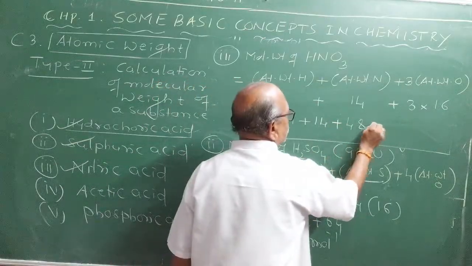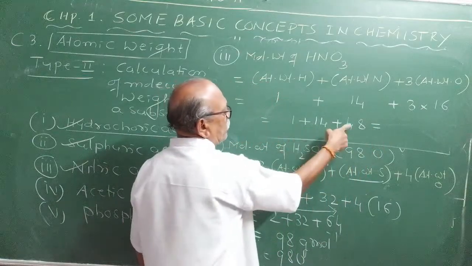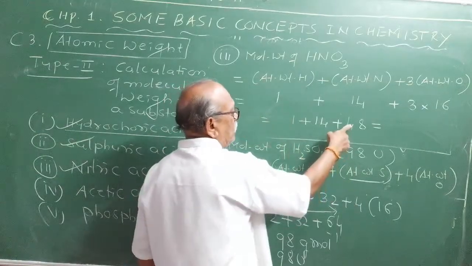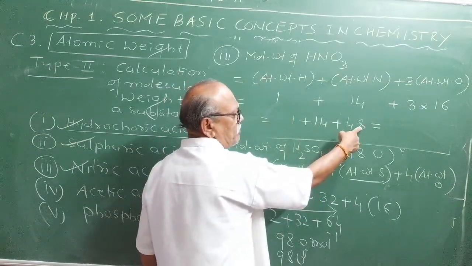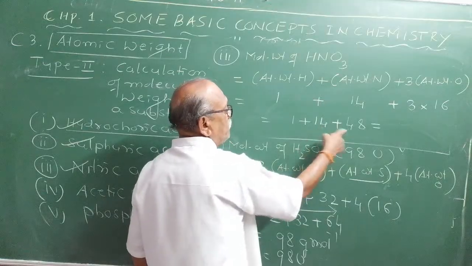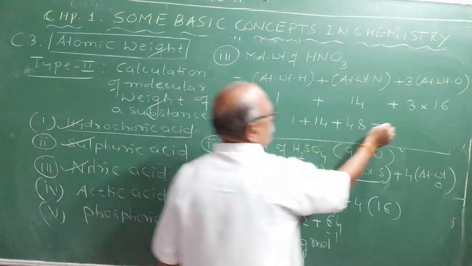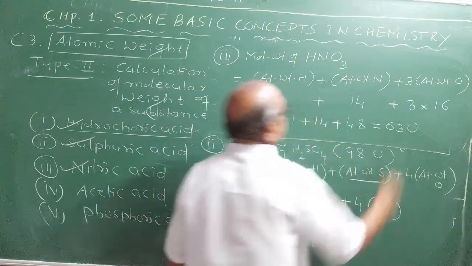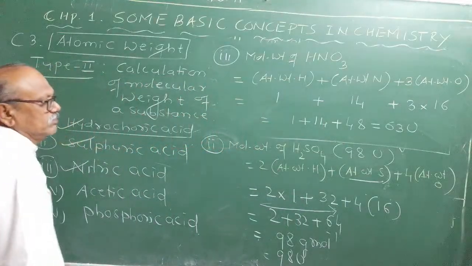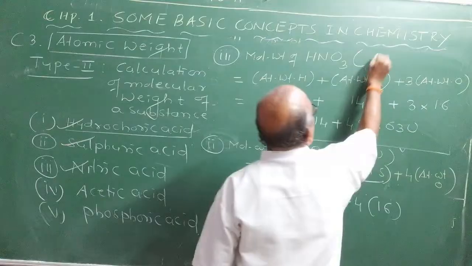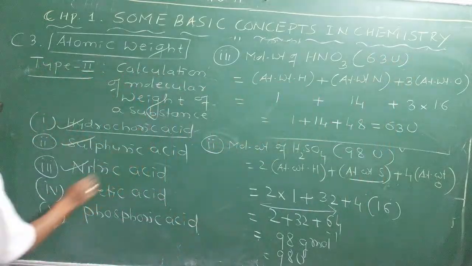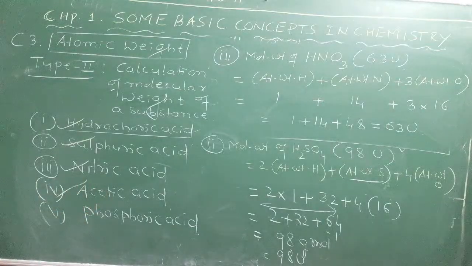Add tens: 10 plus 40, 50. 50 plus 8, 58. 58 plus 4, 62. 62 plus 1 is 63. So the molecular mass of nitric acid is 63. Remember 63 henceforth. You had better memorize these important compounds because every now and then you are getting them.